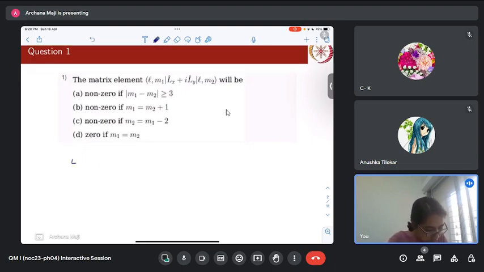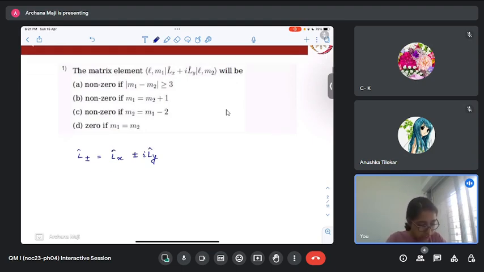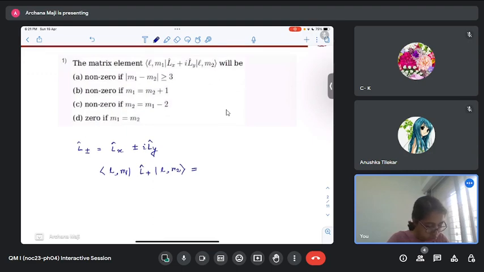So Lx and Ly we can replace in terms of the ladder operators. L plus minus is Lx plus minus i Ly. This we know. So Lx plus i Ly is nothing but L plus. So that matrix element is this, and what does L plus do? It will be proportional, up to a proportionality constant that we are not interested in right now.